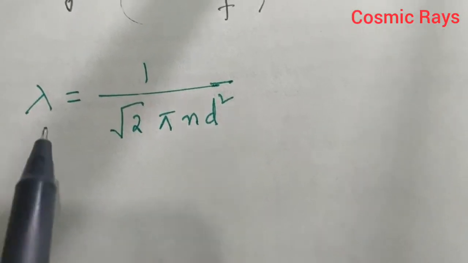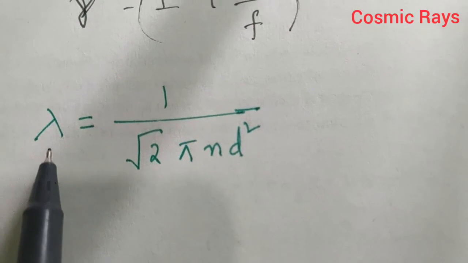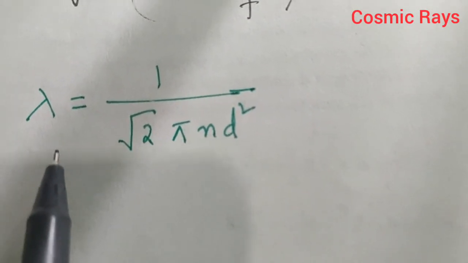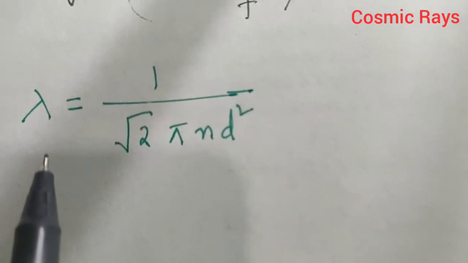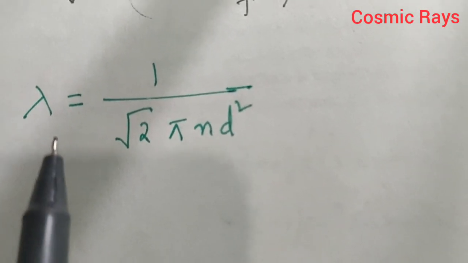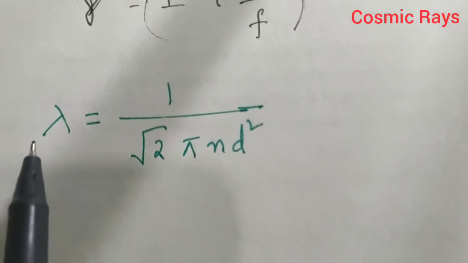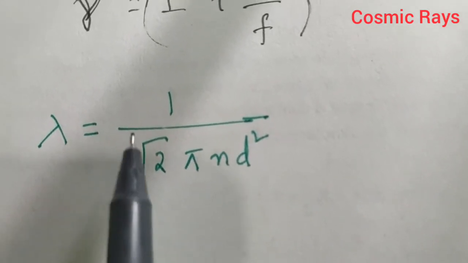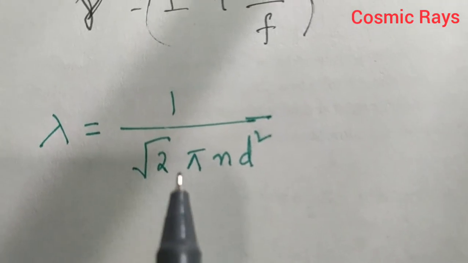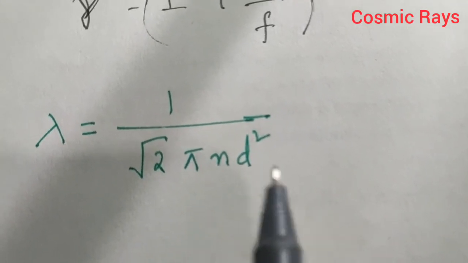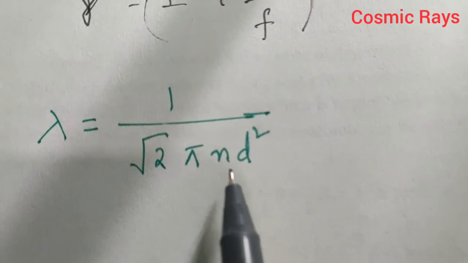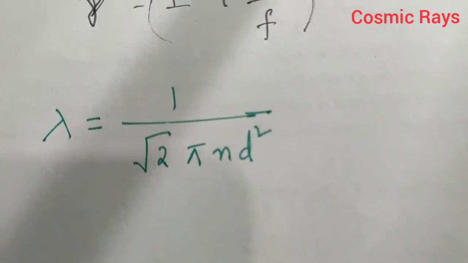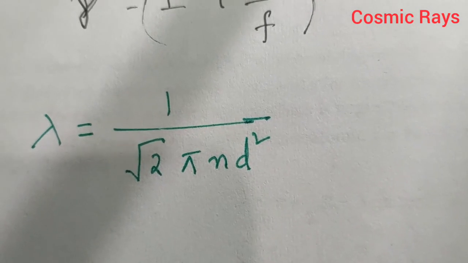Mean free path is denoted as lambda, which we discussed is the average distance traveled by a molecule between two successive collisions. Now the expression for mean free path or lambda is 1 by root 2 pi n d square, where n is the number of molecules of the gas per unit volume and d is the diameter of the molecules of the gas.